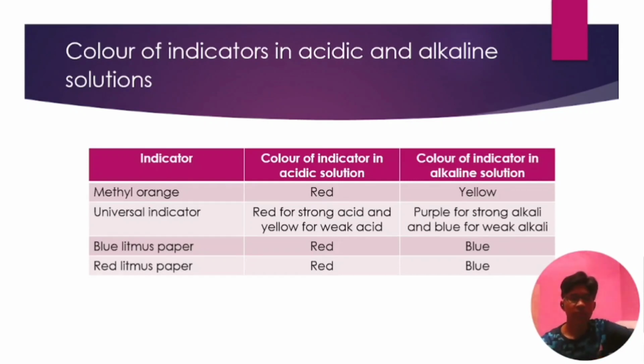I'm sure you guys have known about blue litmus paper and red litmus paper, so I do not need to share with you guys about that. What I want to point out now is methyl orange. When it is used in an acidic solution, it will turn red, while in alkaline solution, it will turn yellow.